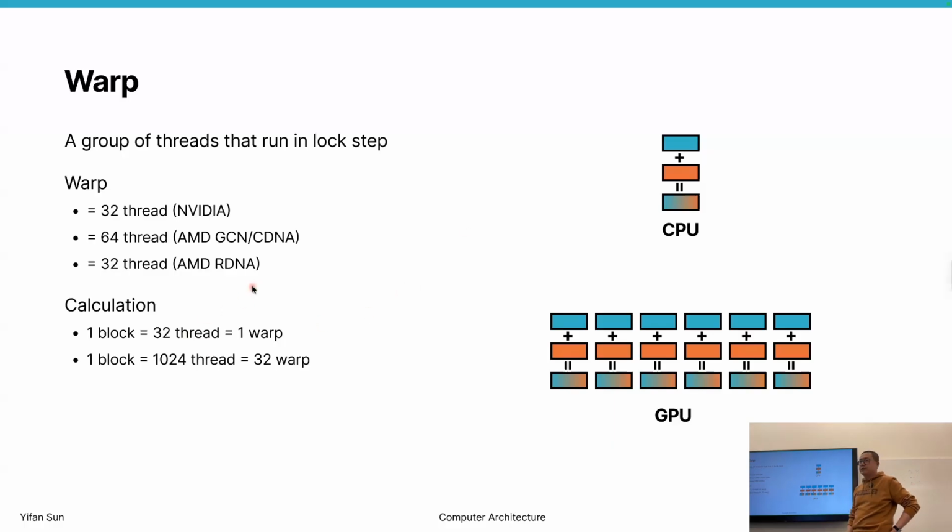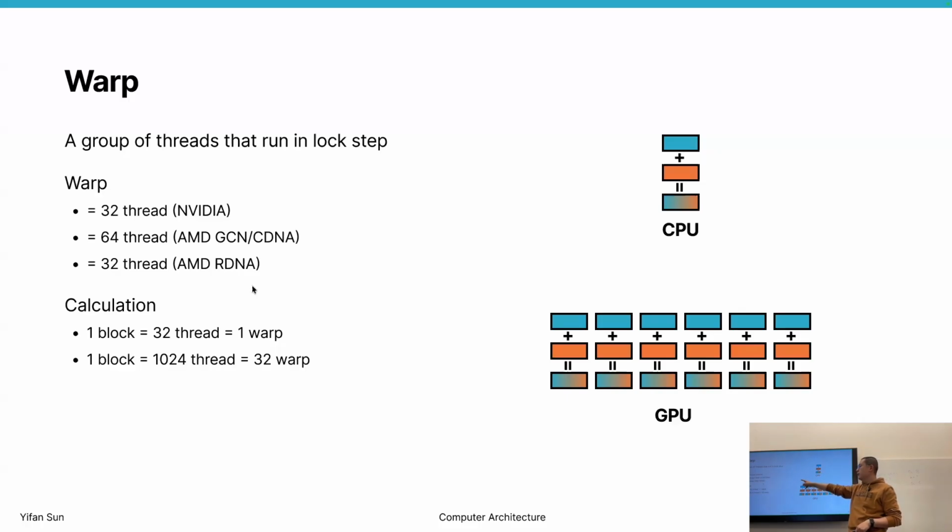So just do some calculation. How many warps are there in a block? So levels, right? Kernel, block, warp, thread, 4 levels. Kernel, block, warp, thread. 32 threads form a warp.